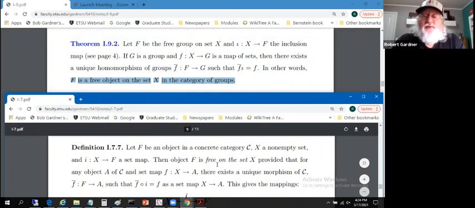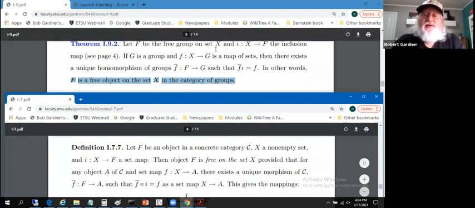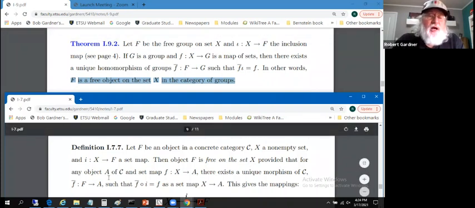Object F is free on this set X. The set X down here is the same as our set X up here, playing the same role, provided that for any object A in the category, the set mapping X into A implies the existence of a unique morphism, F bar, mapping F into A, such that we get this composition.